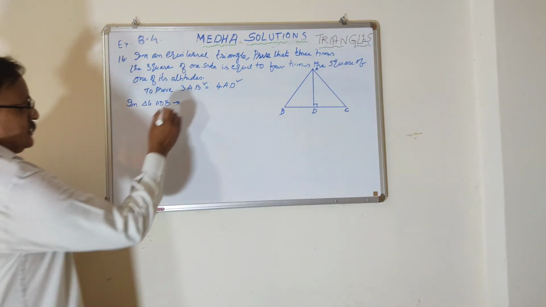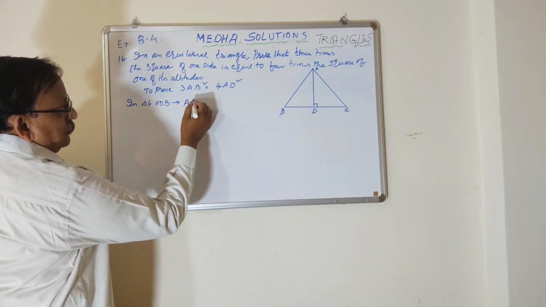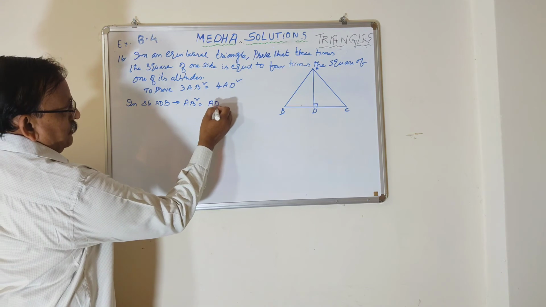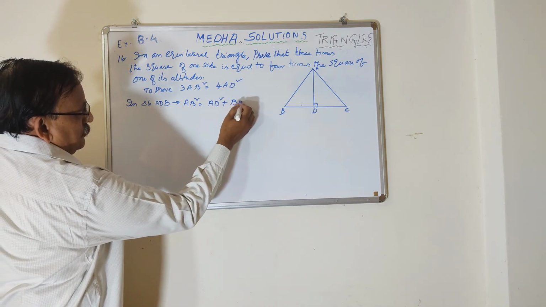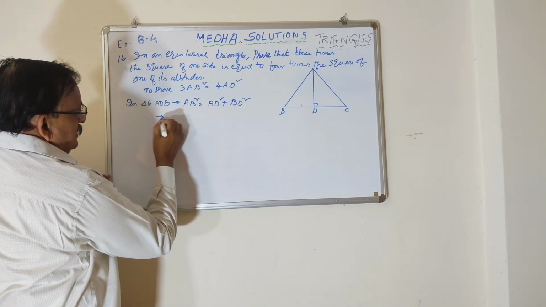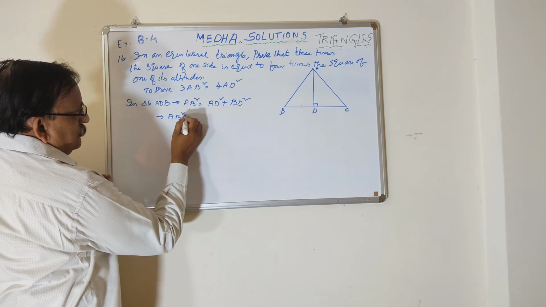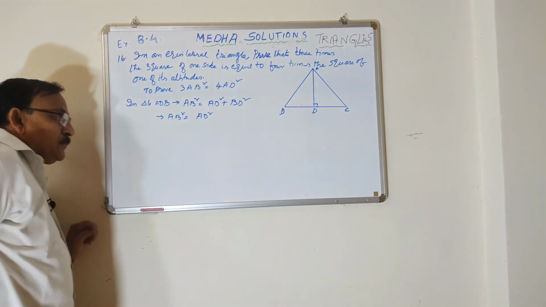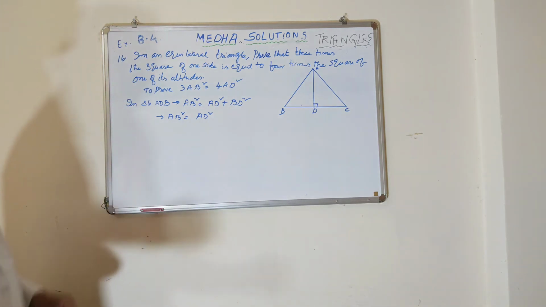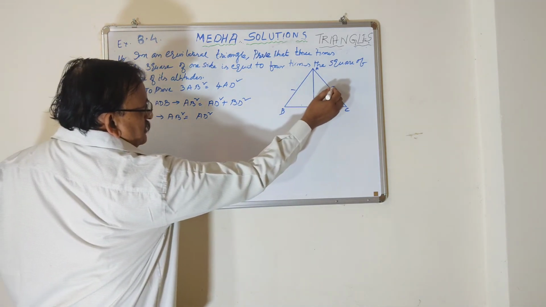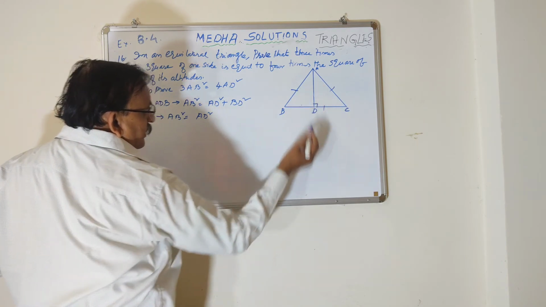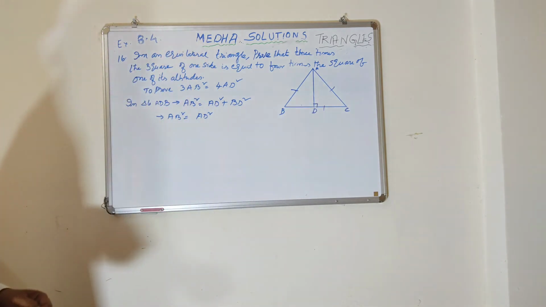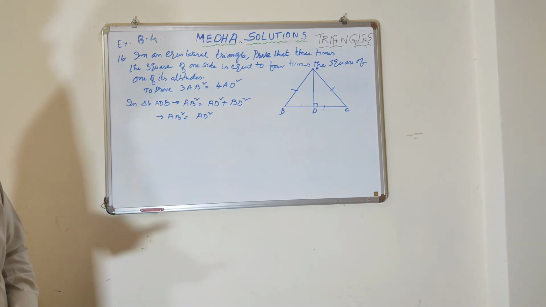Now AB square is equal to AD square plus BD square. Since all sides are equal, the altitude of an equilateral triangle means D is the midpoint.